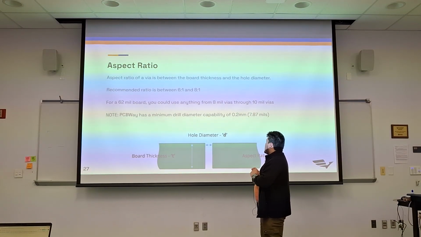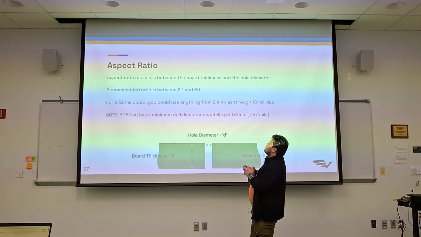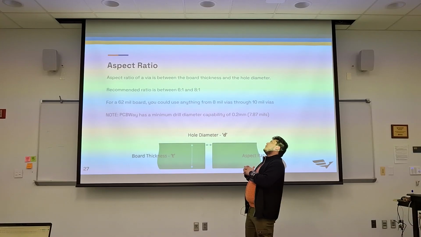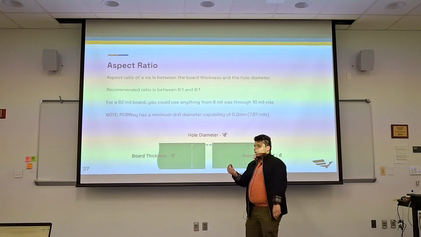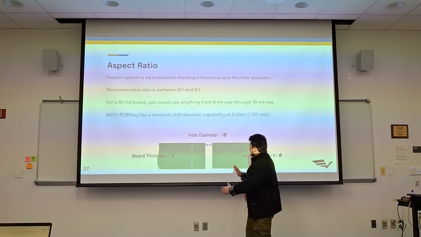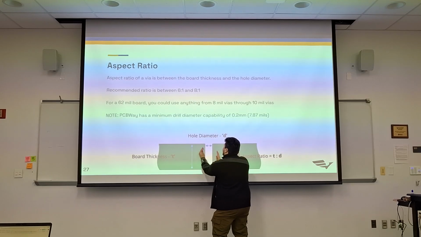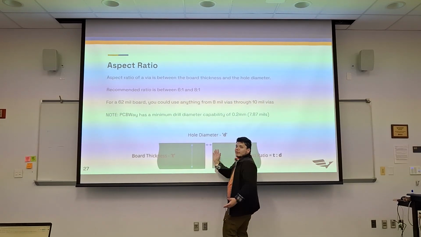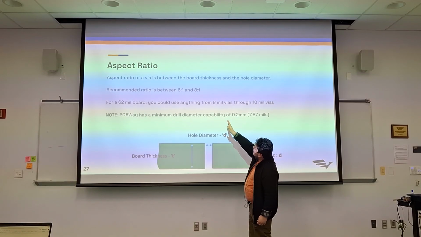And so generally speaking, we want a lower ratio, because basically we want a bigger hole relative to the board thickness. Because if we shrink this down, our solution cannot go through. If we make this bigger, now our solution can go through, right? And so generally we want to stay between 6:1 and 8:1.